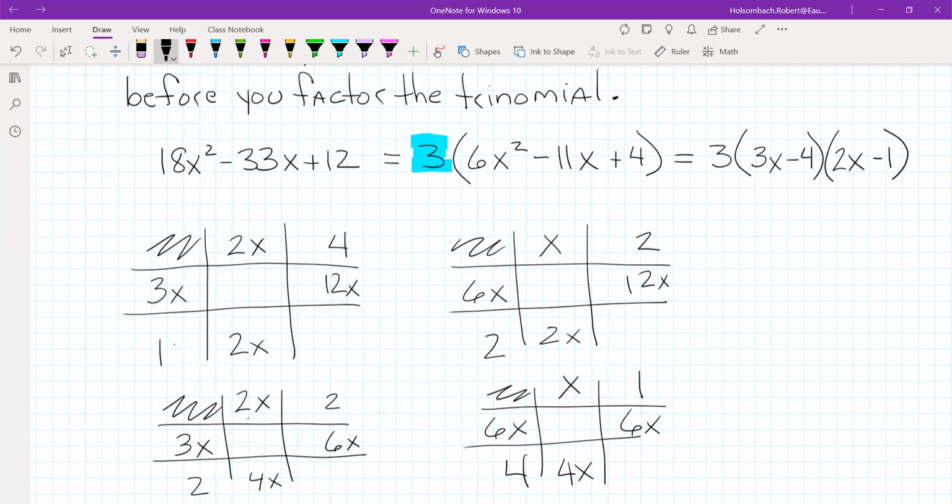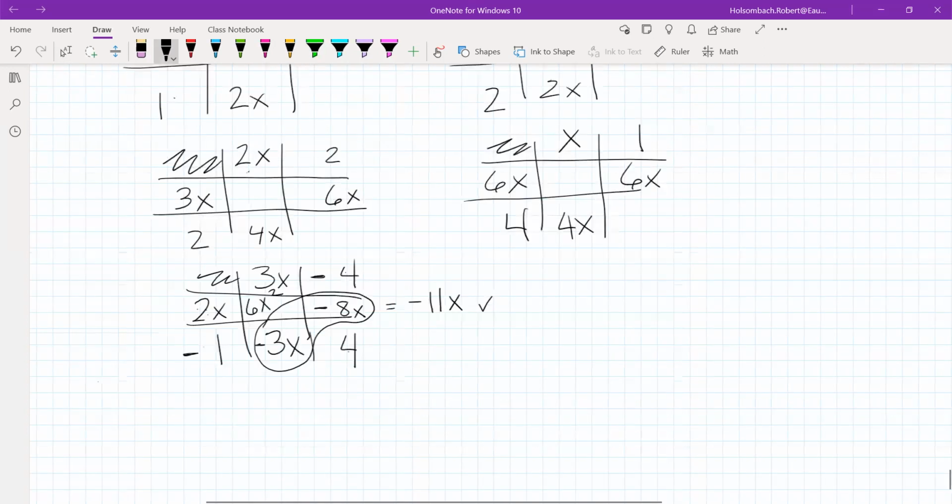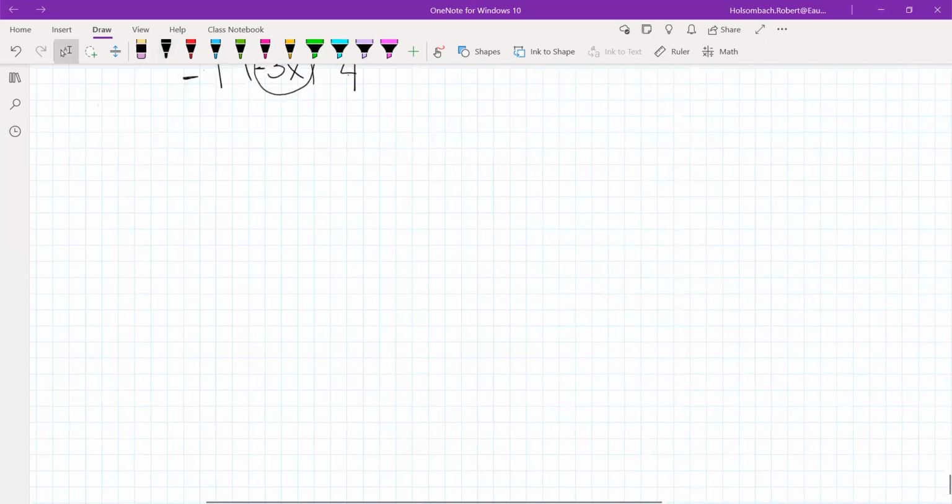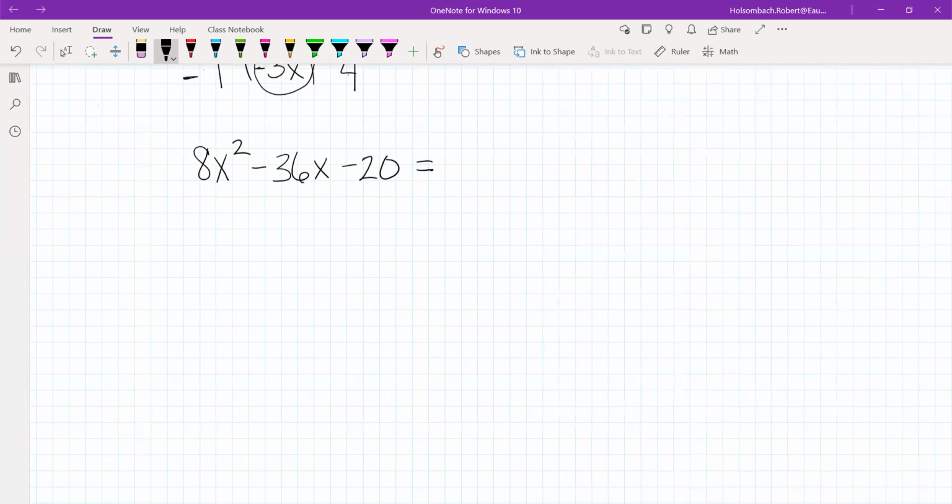All right, so let's try one more of these. We're going to factor this completely. We've got 8x squared minus 36x minus 20. The largest factor of 8, 36, and 20, I'm going to go with 4.